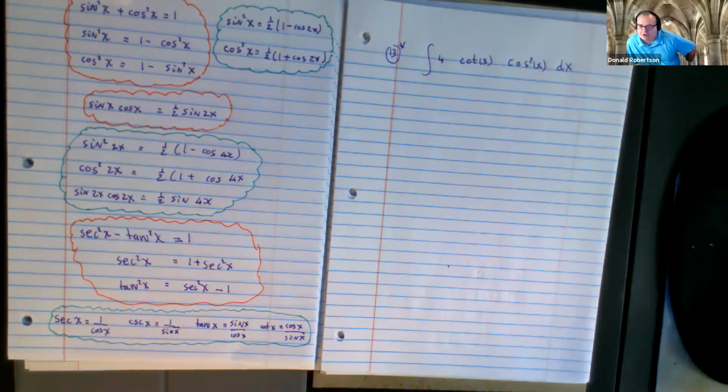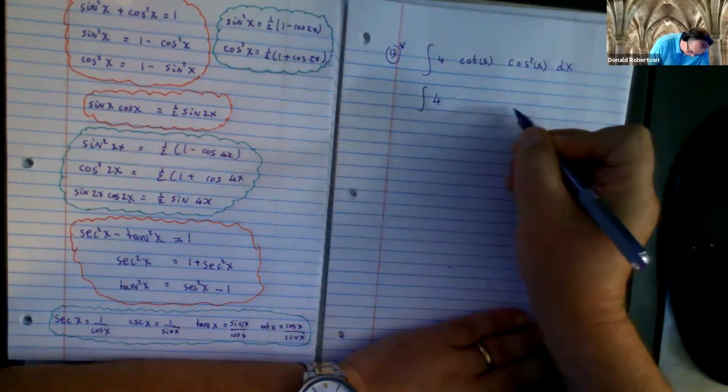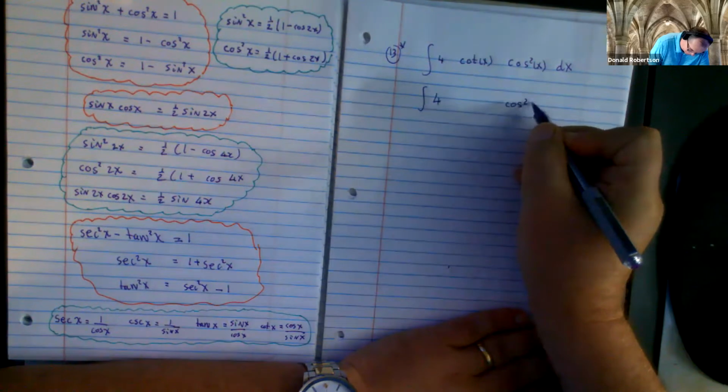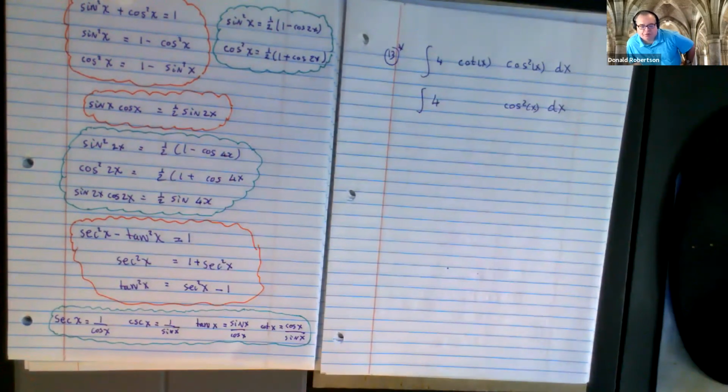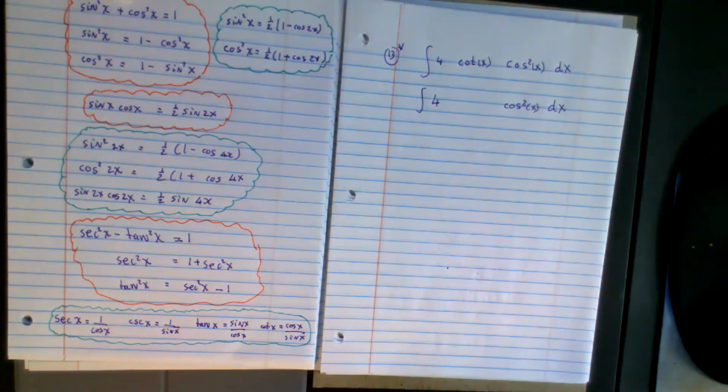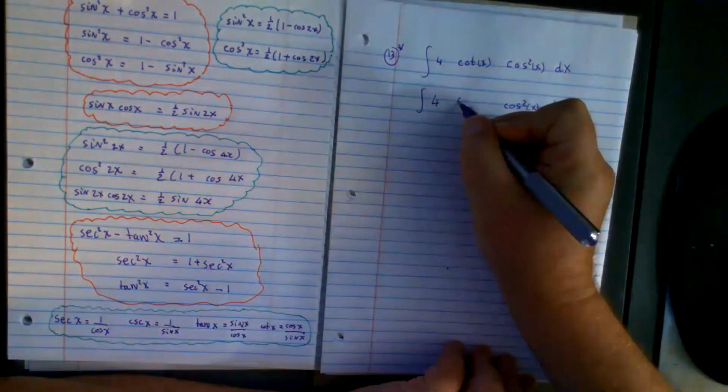What does a cotangent x look like if you rewrite it in terms of sines and cosines? What does a cotangent look like when you rewrite it as sines and cosines? Cosine x over sine x. You see my little list down here?